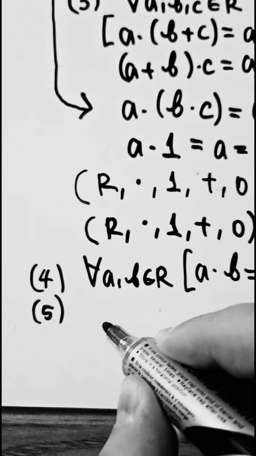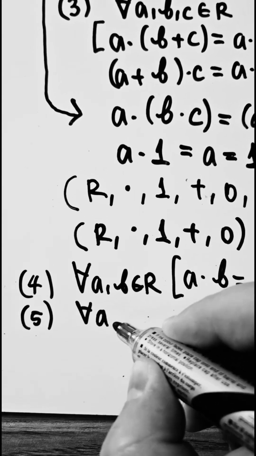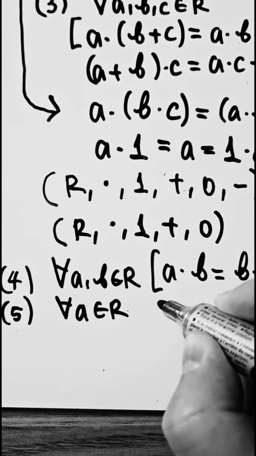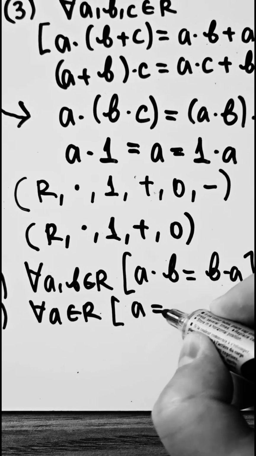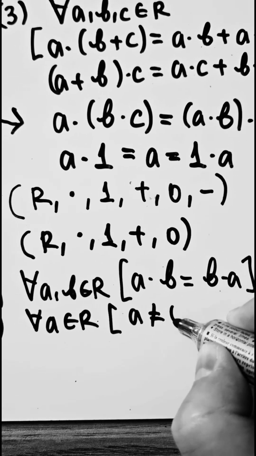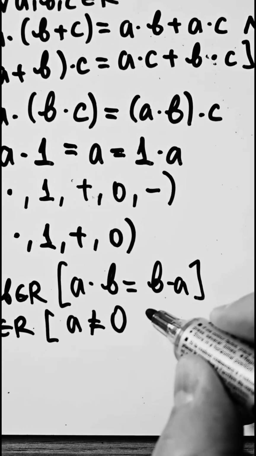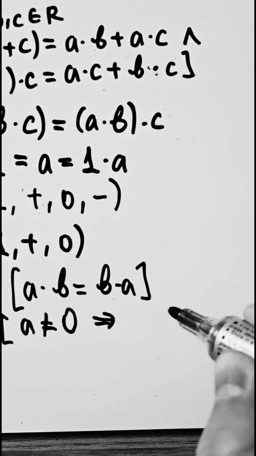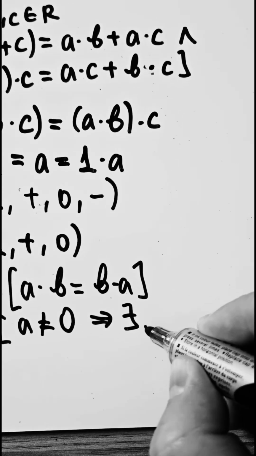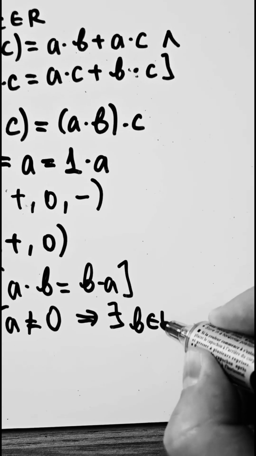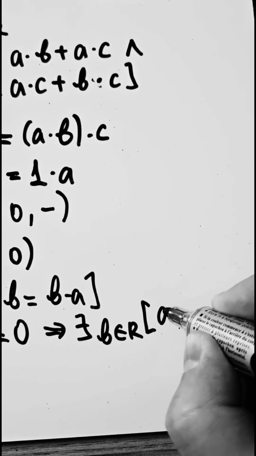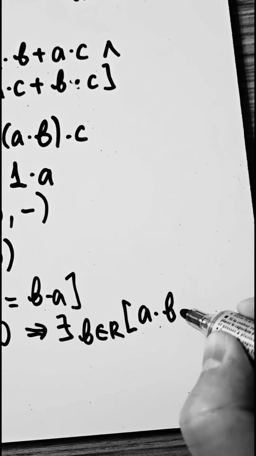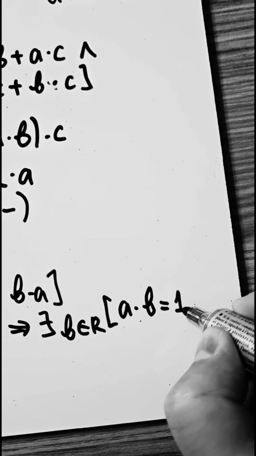There is a further axiom that for every A in R, as soon as A is different from 0, it needs to have a multiplicative inverse. An element B must exist in R such that A times B equals 1.